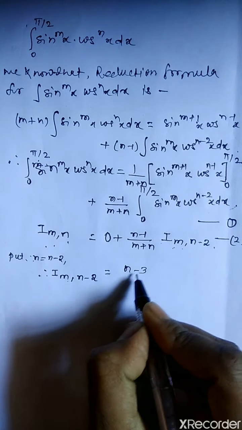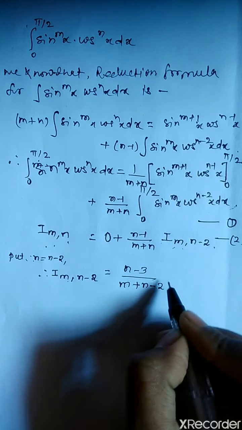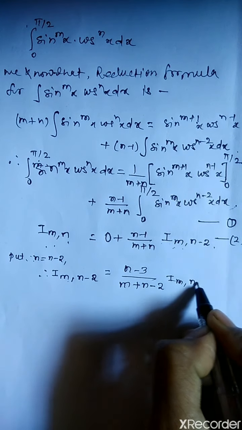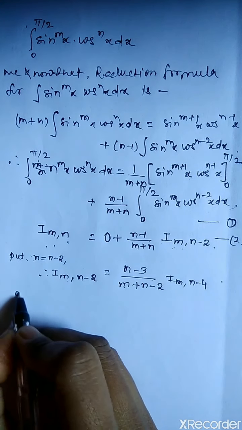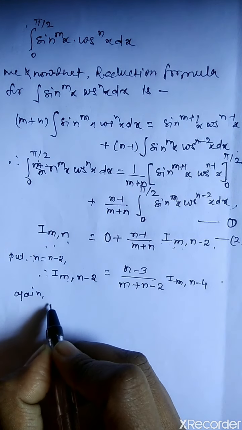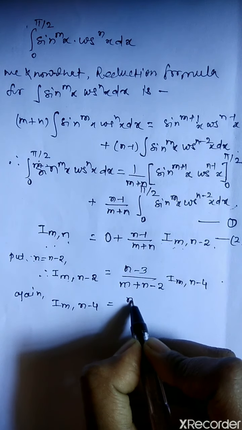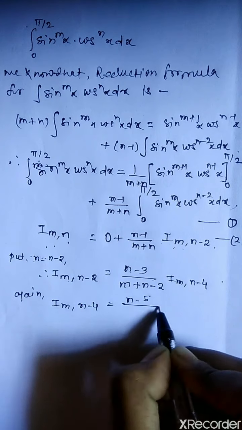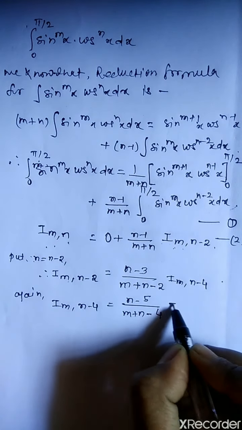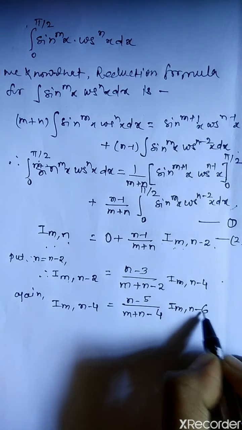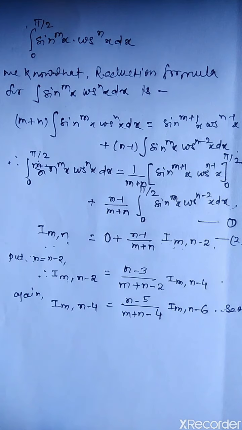So (n minus 3) divided by (m plus n minus 2), and here is I m comma n minus 4. Okay, and so on. And again similarly I m, n minus 4 is equal to (n minus 5) by (m plus n minus 2), so this will be 4, and I m, n minus 6, and so on and so on.